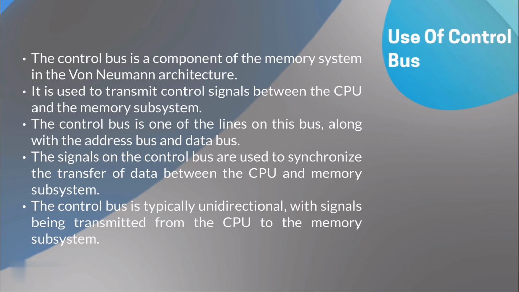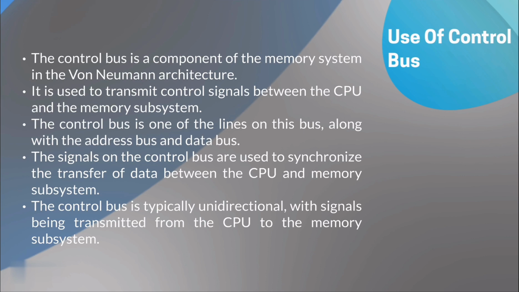Now you may ask, why is an instruction decoder required? The instruction decoder is required because the instructions stored in memory are typically in a binary format that is not directly executable by the CPU. So the instruction decoder reads the binary instruction code from memory and interprets it, determining which operation needs to be performed, what data needs to be accessed, and how the data should be processed.